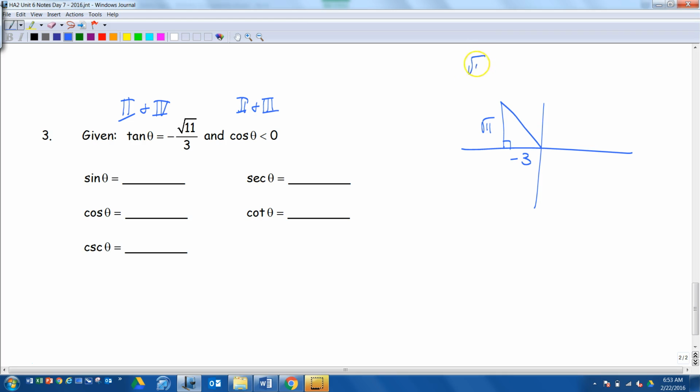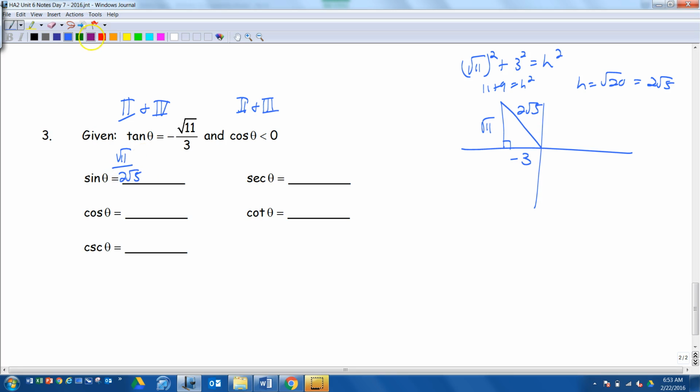Pythagorean theorem, root 11 squared plus 3 squared equals h squared. 11 plus 9 equals h squared. So h equals root 20, which is 2 root 5. Okay, so now we can start filling out this thing. Sine is opposite, root 11 over 2 root 5.